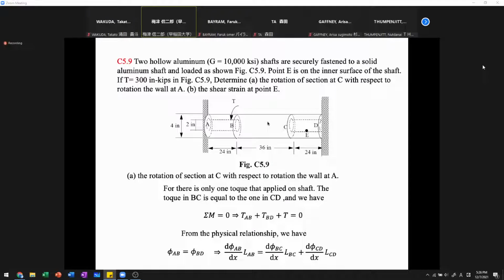So, for example, the moment of inertia I and so on are different. So we compare the BC part and CD part separately, and after that they will be combined together, and then phi BD will be calculated. From this concept, phi BD will be expressed like this.